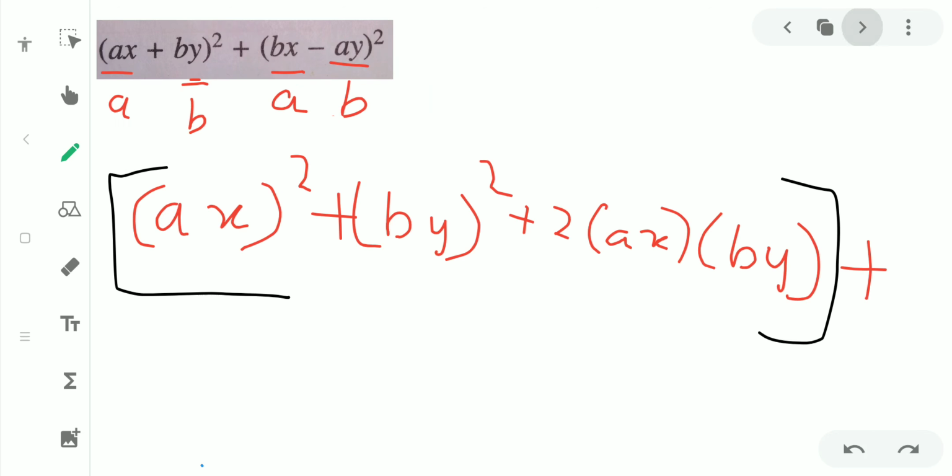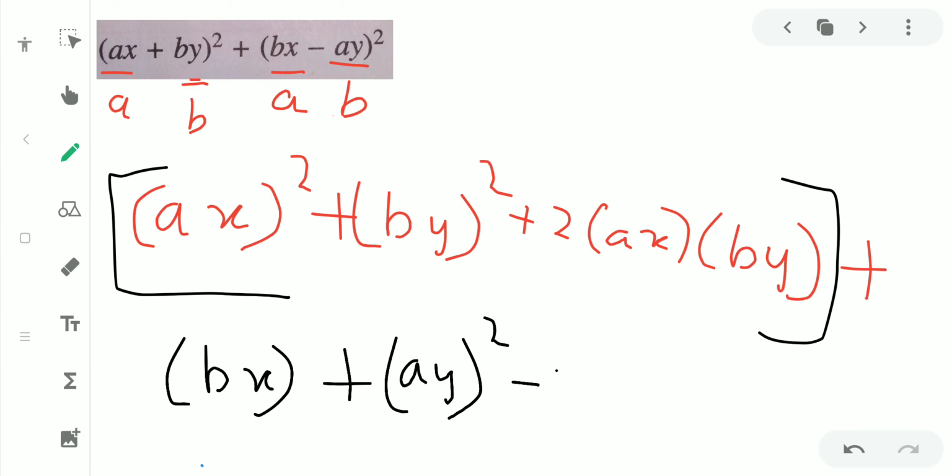So we will be getting a square is nothing but (bx) whole square plus b square, that is (ay) whole square, but here we should not consider the signs, minus 2 into bx into ay. So now let us solve it.